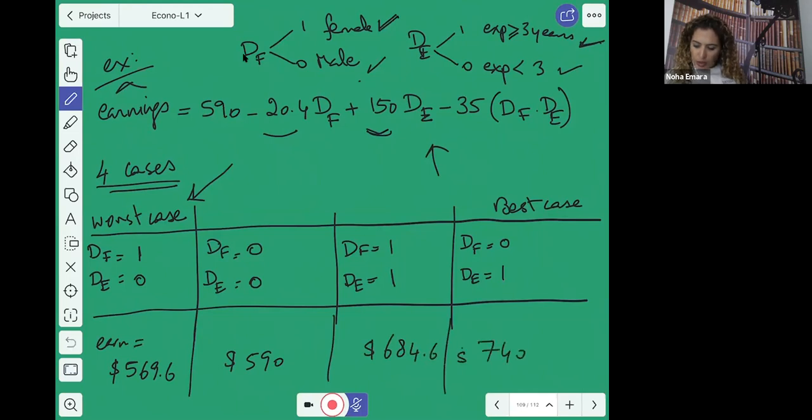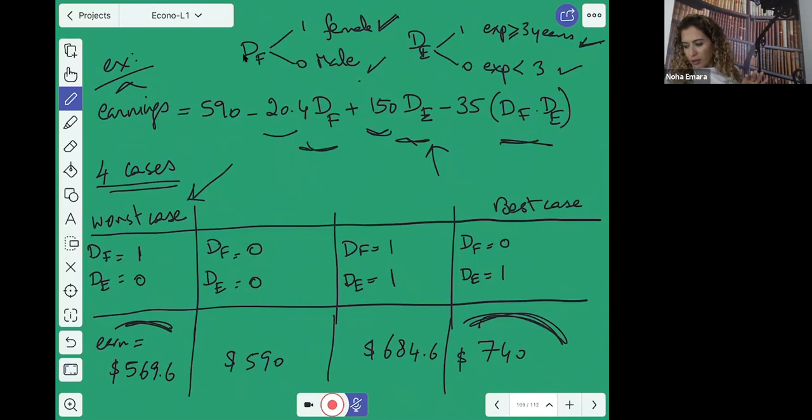I say best case because the earnings are the highest, and worst because the earnings are at their lowest point. So this is about an interaction between 2 dummies, right? I have a dummy and a dummy and their interaction. We're done with this part.